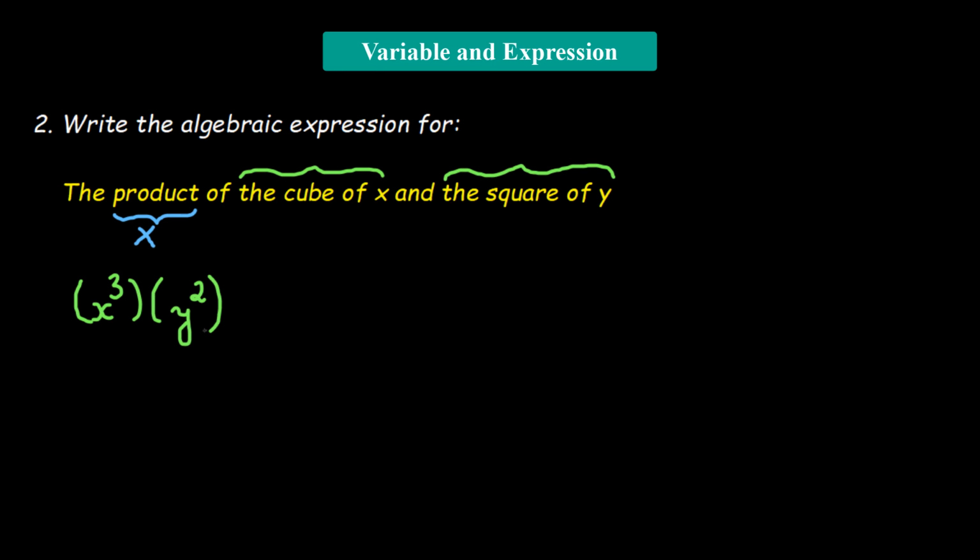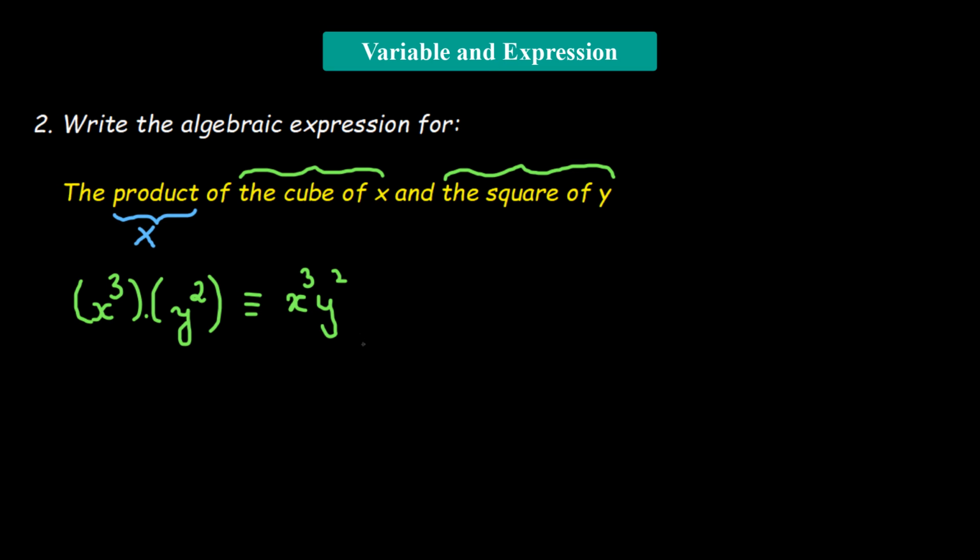Now, as mentioned earlier, even though I've written here the cross sign, we are not going to use the symbol cross. We're simply going to write here the dot, and we can drop the parentheses, and this will simply become x cubed y squared. So this means x cubed, the cube of x, times y squared. So this is the equivalent algebraic expression for the given statement, the product of the cube of x and the square of y.